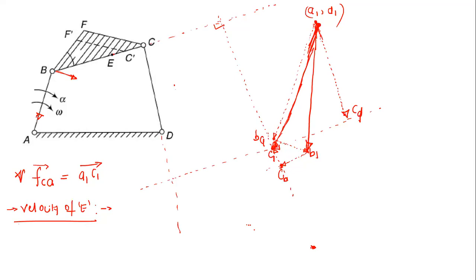If you remember, when we used to draw the velocity diagram, how did we calculate the velocity of this intermediate point E? What was the process through which we calculated it? Velocity of BC by BC equals velocity of BE by BE.